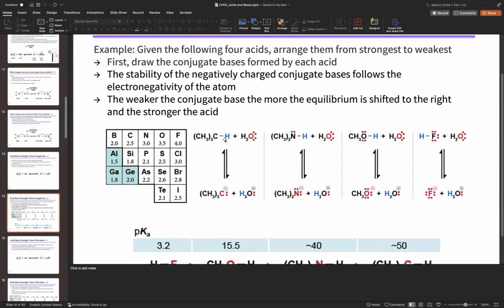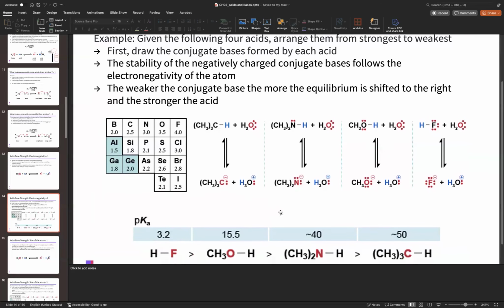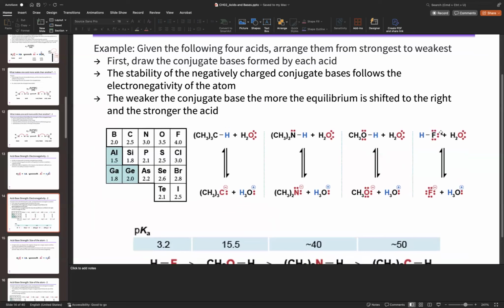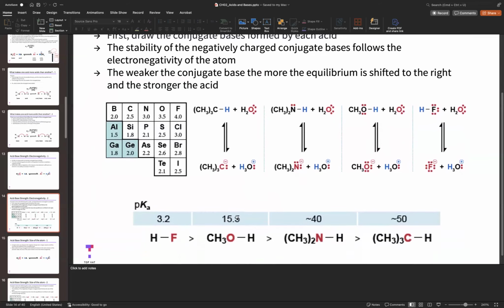And we are trying to figure out why there is a trend. Here is what we notice. The pKa of the last one, HF, is 3.2. The pKa of the second to last one, methanol, is 15.5. The second one here, called dimethylamine, has a pKa of 40.